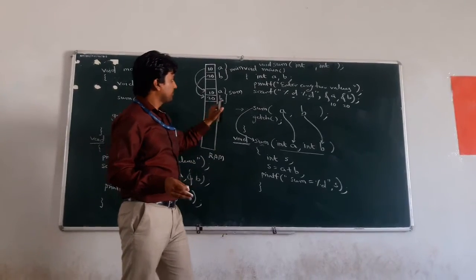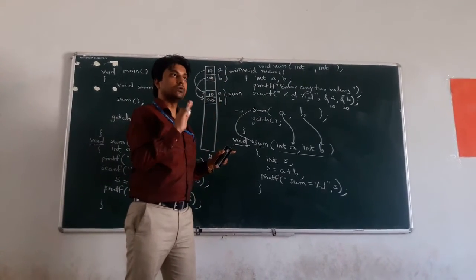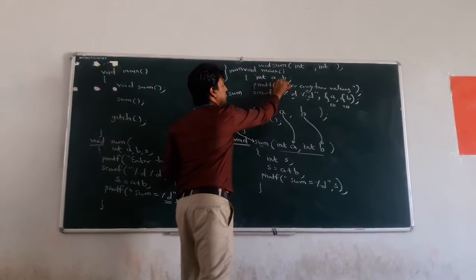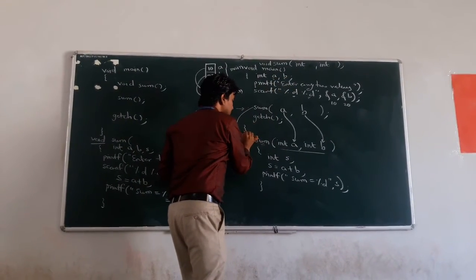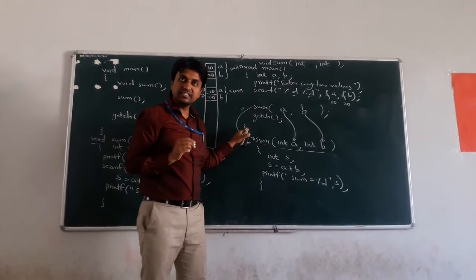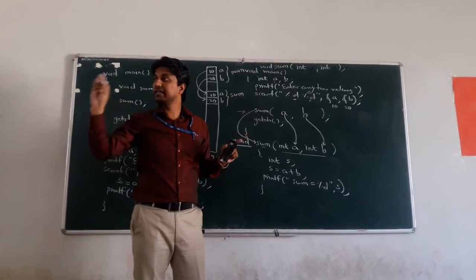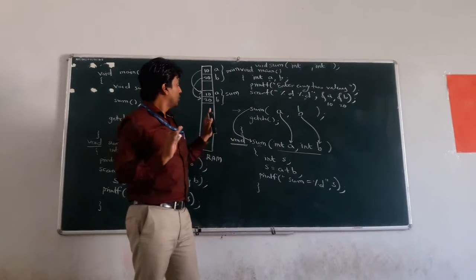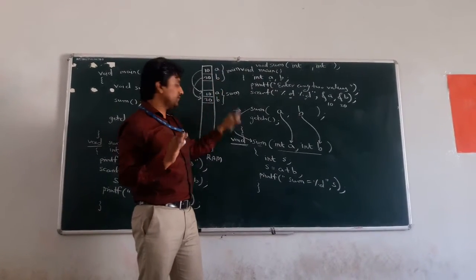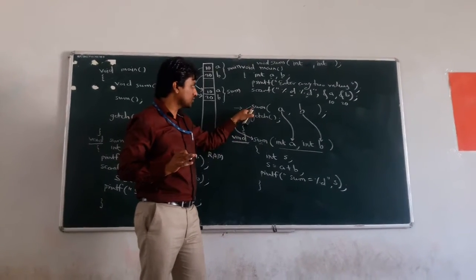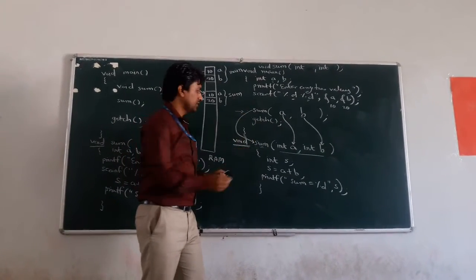Clear? So these a and b are live, not dead variables. Why are they not dead? Because a and b become dead only after execution of the closing curly bracket. So these variables are live on your RAM, random access memory. They are only not accessible in the sum function when the cursor jumps from the function call to its definition.